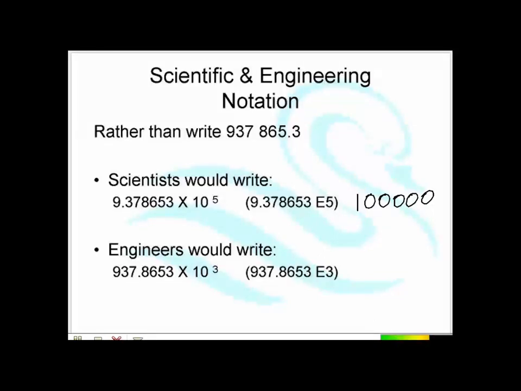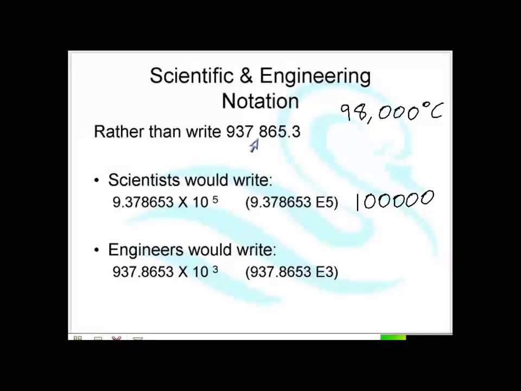European countries, in Germany for instance, and France, they would write 98,000 degrees C, and that would mean 98.000 degrees C. They use the comma as a decimal point. So we don't use the comma to separate our numbers.